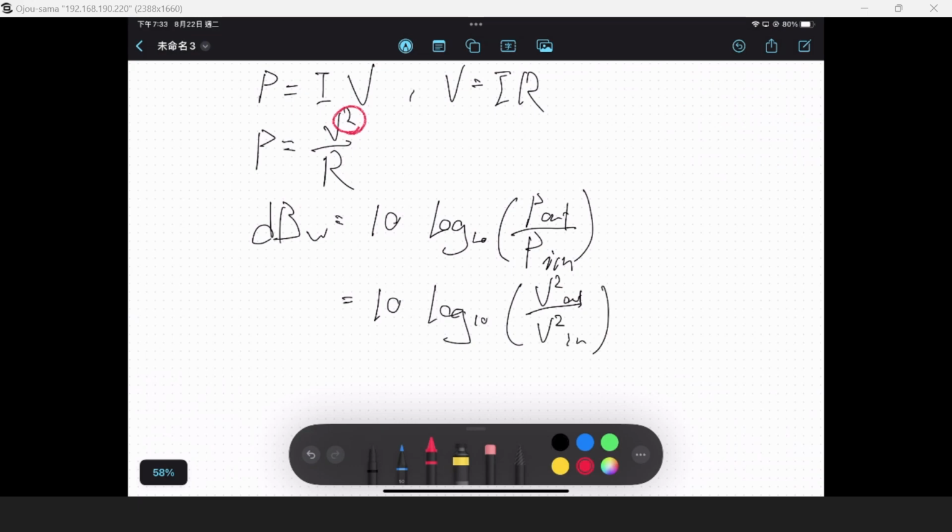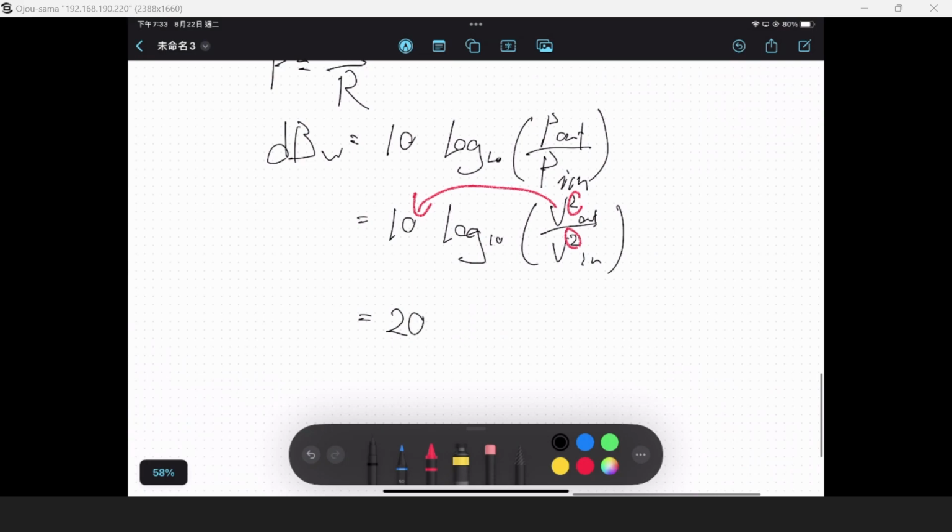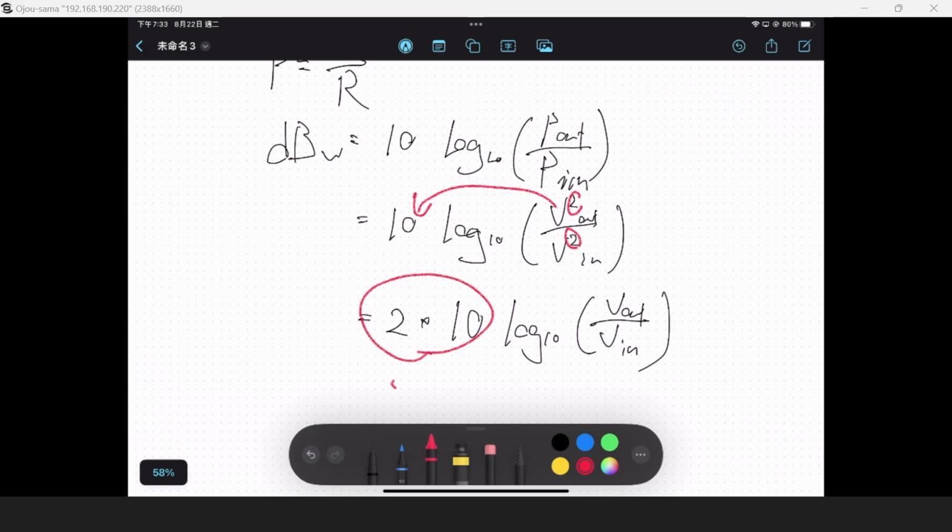And this 2, you can put at the front, which becomes 2 times 10 log V out over V in.